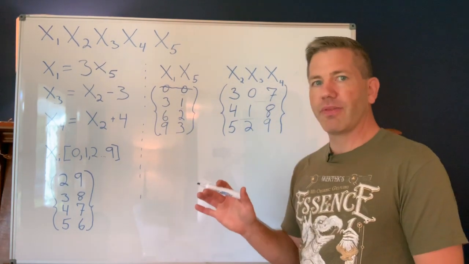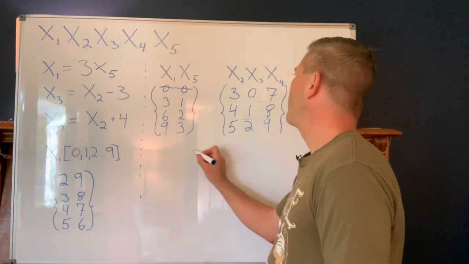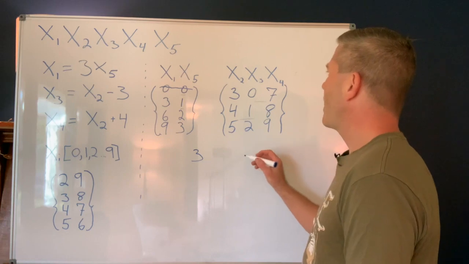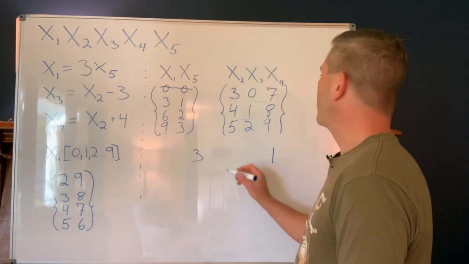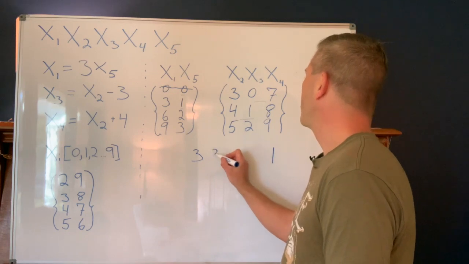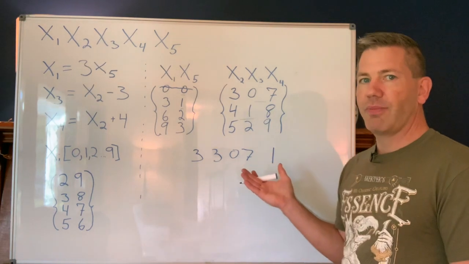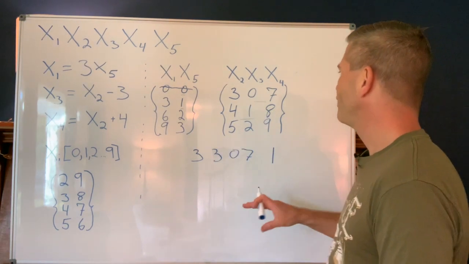So let's say what is the first sequence? Well, we can say x1 is 3 and x5 is 1. So we could try 3, 0, 7. Now it seems pretty obvious that nothing is going to total up to 11.